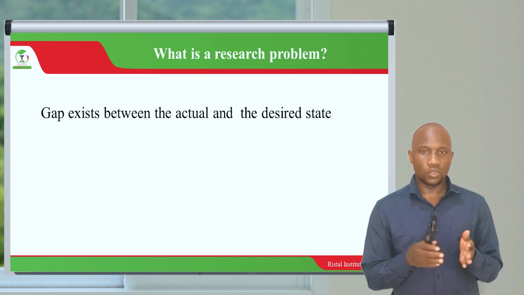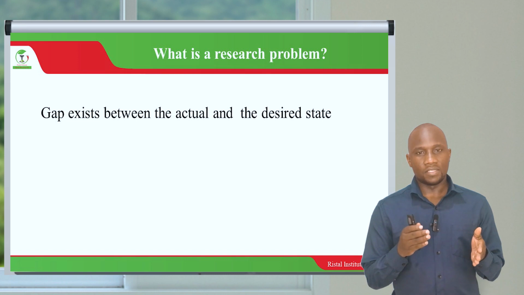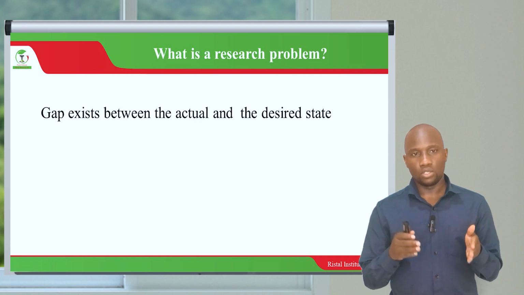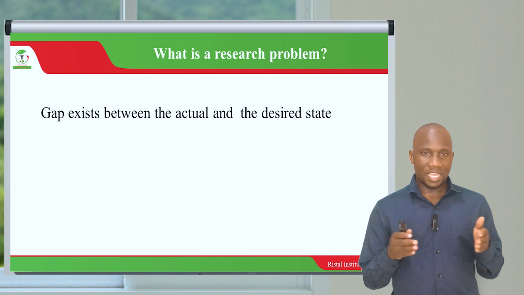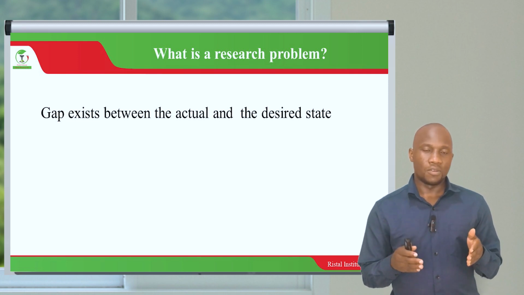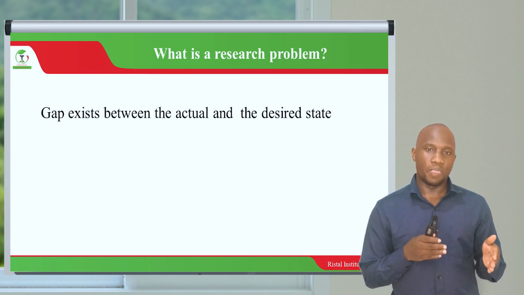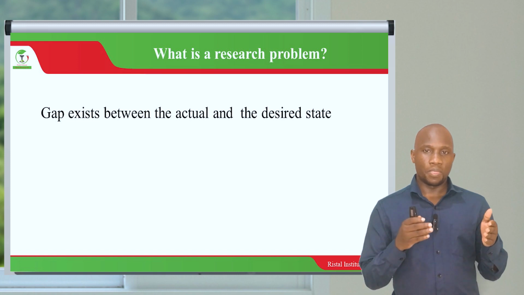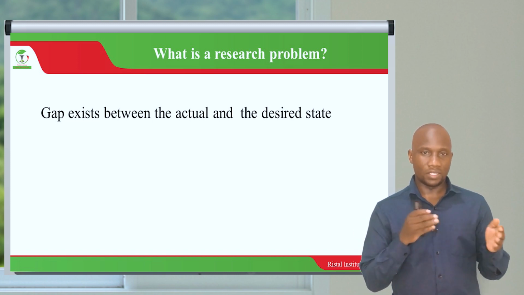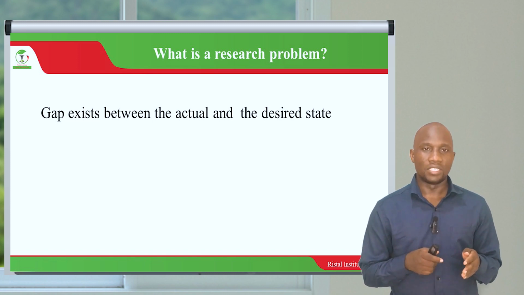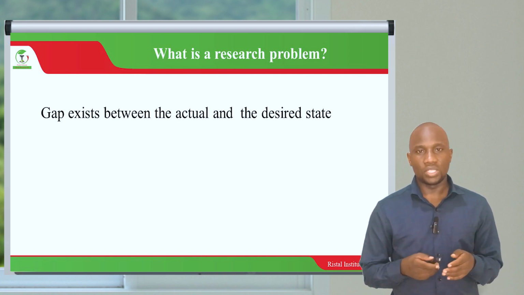So you have a situation where there is the reality and what the reality ought to be. So there is a problem. That situation where you have a gap between what is supposed to be and what you actually see at that particular moment, that is what we call a research problem.